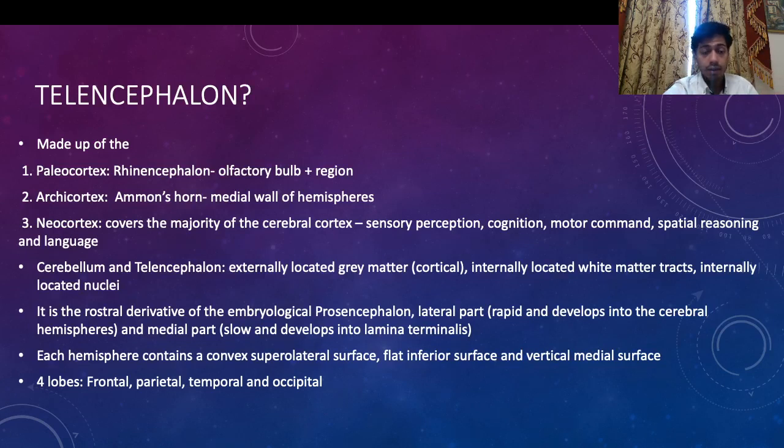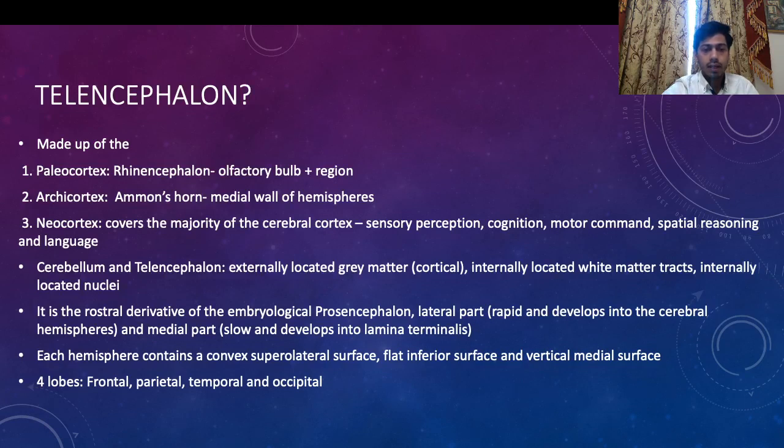So the telencephalon is made up of the paleocortex, the archicortex, and the neocortex. The paleocortex is made up of the rhinencephalon, and it includes the olfactory bulb and the region.